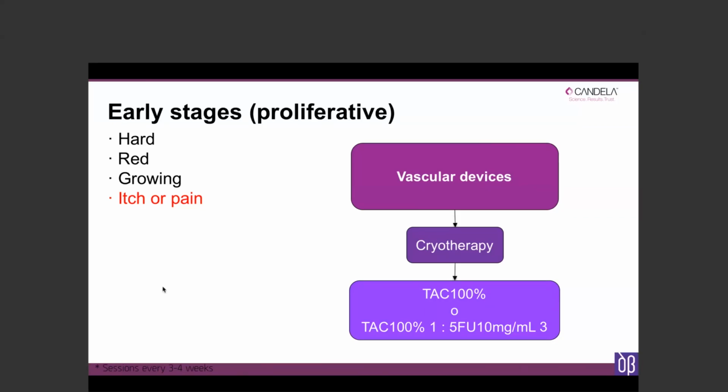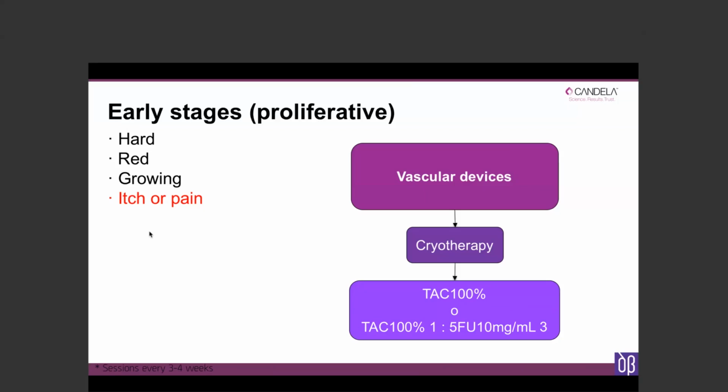So what we should do in these stages is use a vascular device to reduce the blood flow that is feeding this scar. After that, in the same session, we do cryotherapy with a special tip, which I'm going to show you in a video, to freeze all the collagen fibers.